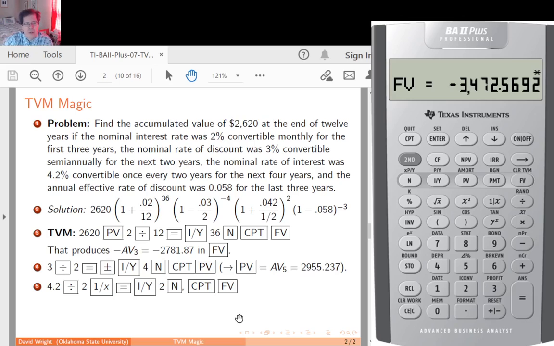Okay, so we now go to the last phase, and that's going to be 5.8% discount, and so that has to go with a negative sign in for the interest rate. And the number of periods is 3 years, so 3 goes in for n. And we already have the future value in there, so all we have to do at this point, let me write down the buttons again.